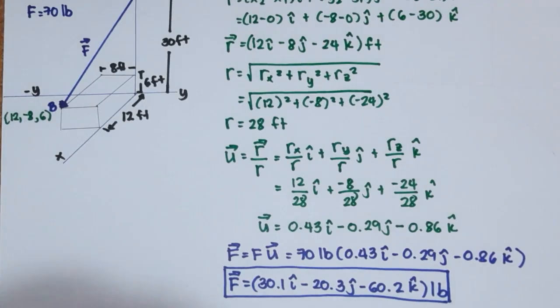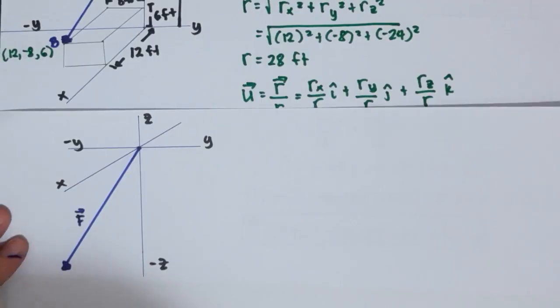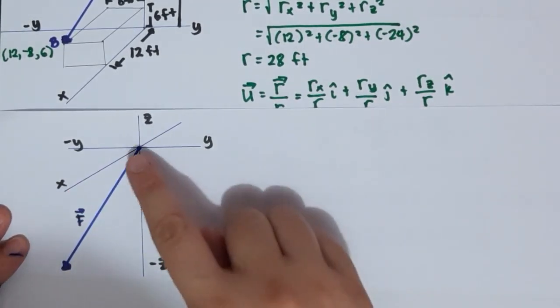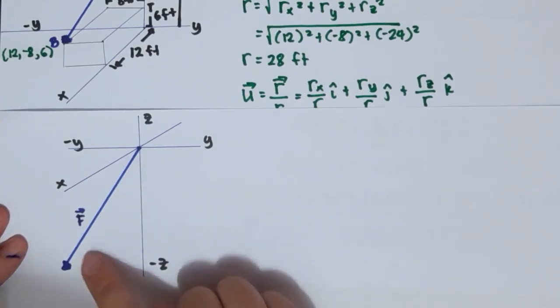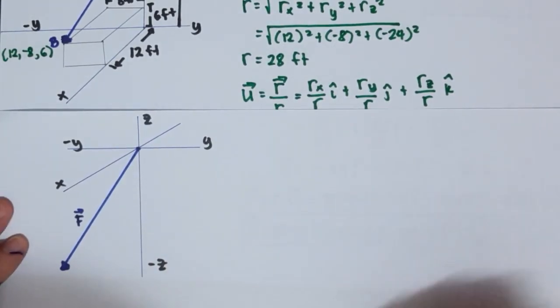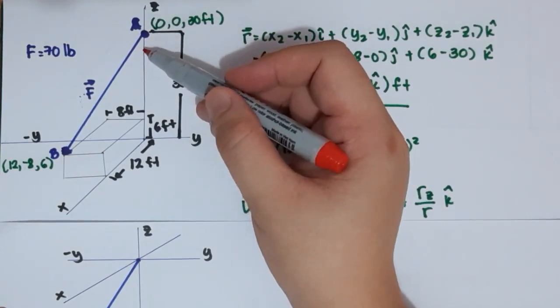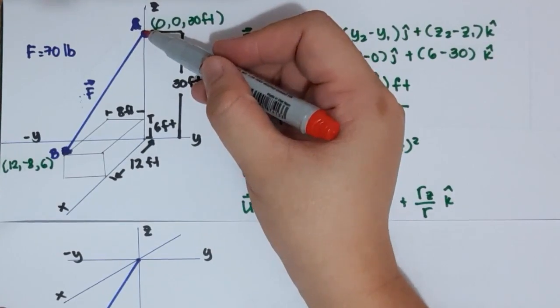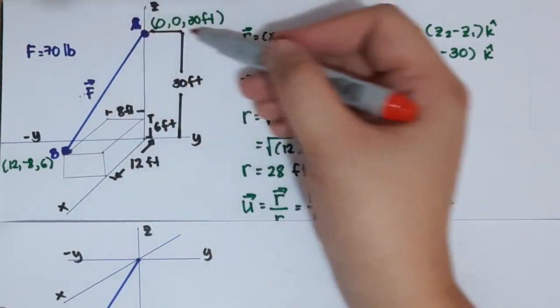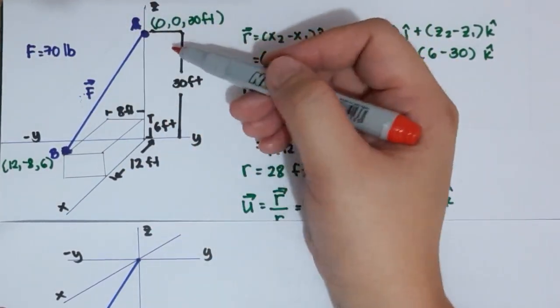So as I said, we are also going to find the angles of this, since the force is positive x, negative y, and negative z. So this is the position of our force. The reason why I have to put it like this is because all angles should be coming from the positive x-axis to the vector. We cannot do that in this type of diagram, so we have to put the origin, the start of the vector, as if that is the origin of our axes.